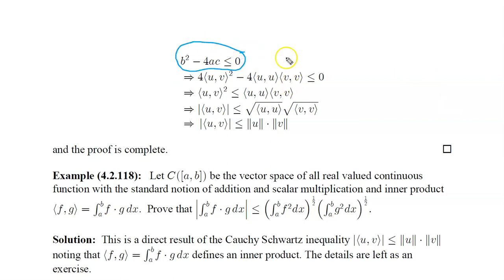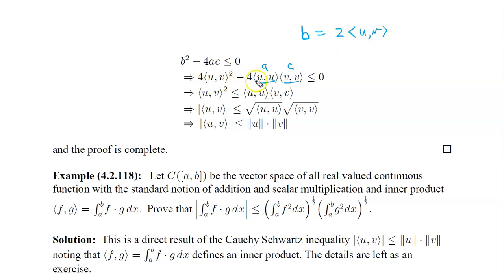Okay. Now recall that the b was equal to 2 times the inner product of u with v. And the a is the inner product of u with itself, and the c was the inner product of v with itself. So this is a, c, and right here we have the b squared.